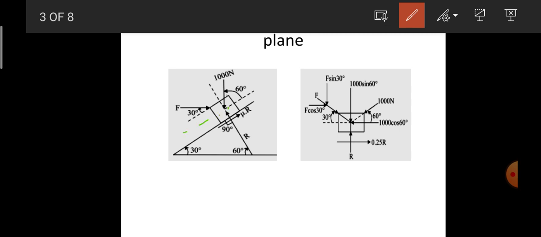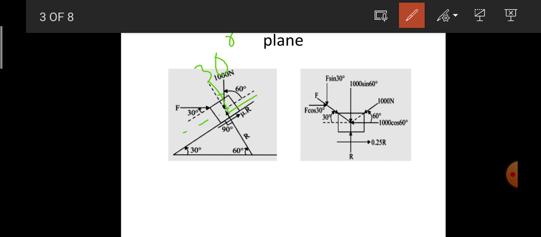Why? Because this angle is 30 degrees, and we know that this is a perpendicular, so with reference to the horizontal it is equal to 60 degrees.